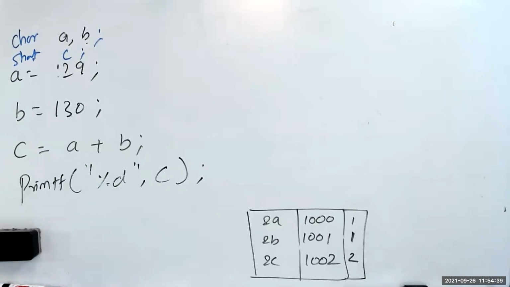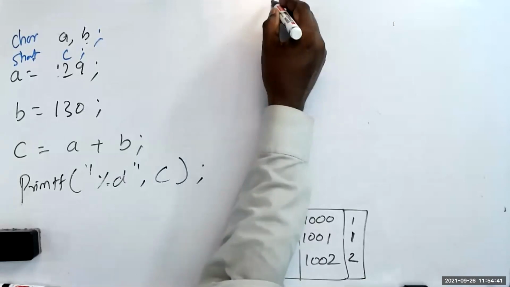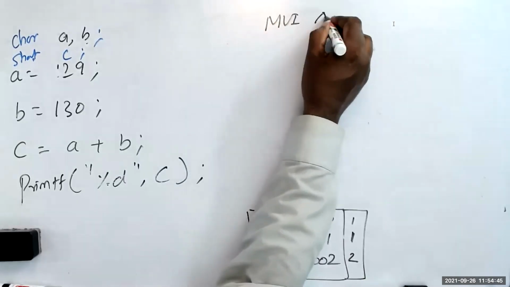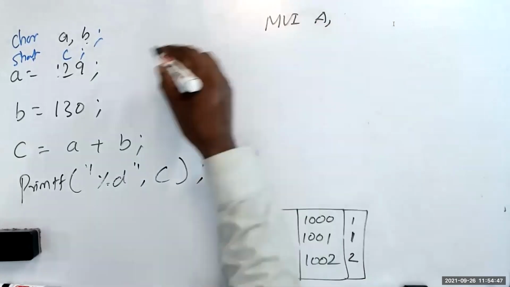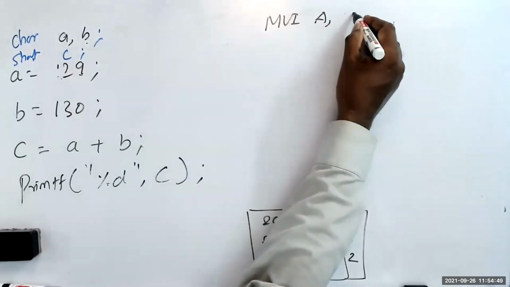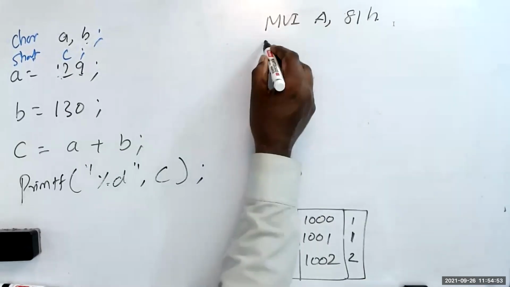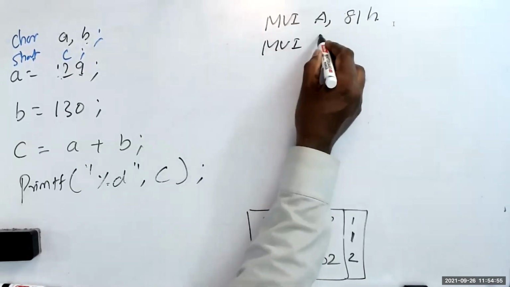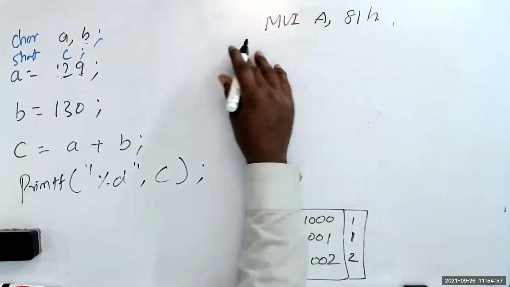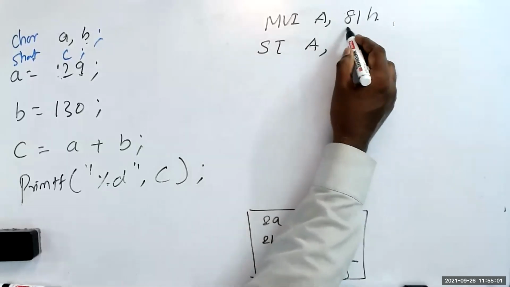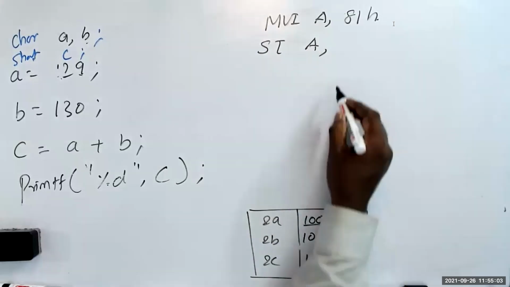Now the trick is, I write an assembly program now, you will understand. Move immediate A, 129, I say 81H. I say move immediate B, store A, what is the thing? 1000H.